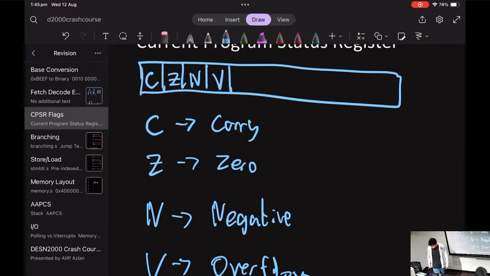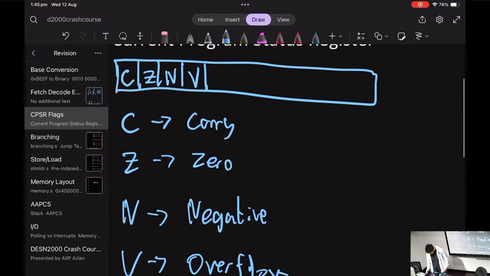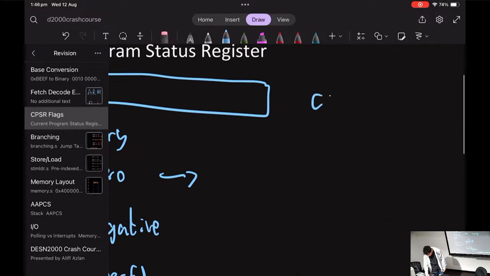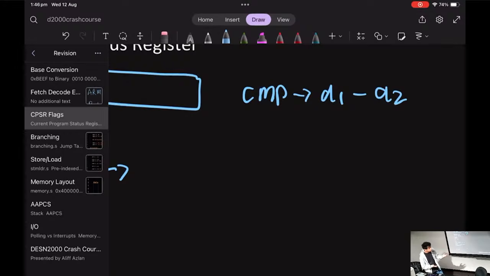So let's talk about how they're actually updated. Okay, let's start with the most obvious one, 0. Hold on, let me take a step back real quick. The CPSR flags are updated when we do some sort of comparison, correct? That comparison usually is, if we use say the CMP instruction, we take the difference between two numbers.